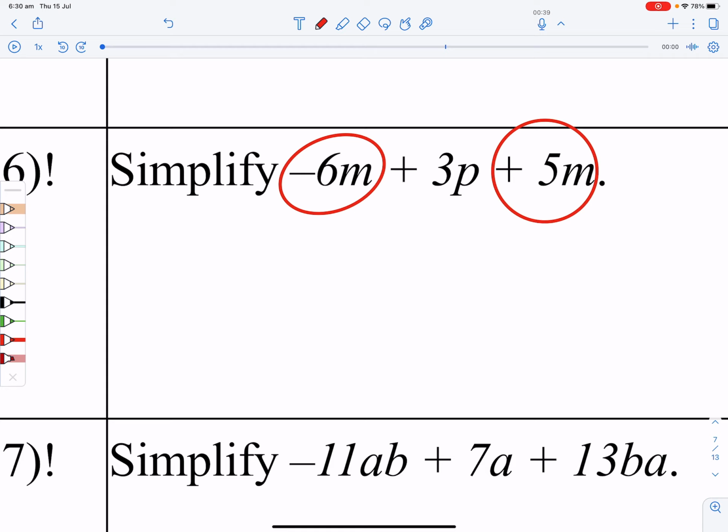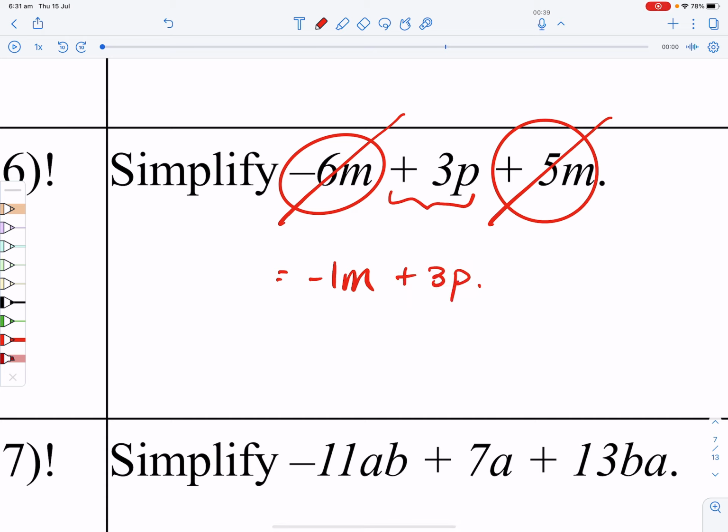So minus 6m plus 5m is minus 1m. Now, once you do that, you should stop and not write anything. Don't write plus, don't write minus, just stop for a second. And now let's look at what's left over. What you've got left over is a plus 3p. So all you do is simply put the plus 3p back. You see, that was simple.